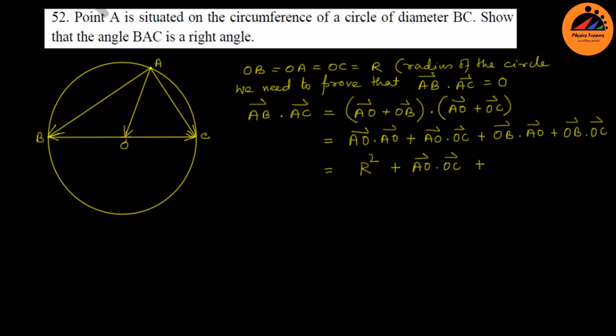See, OB is O to B, the magnitude is R. So OB is basically minus of OC vector. You understand that this OB is O to B and OC is O to C. So they are opposite, the magnitudes are the same, both are R. So this is minus OC dot AO, right?